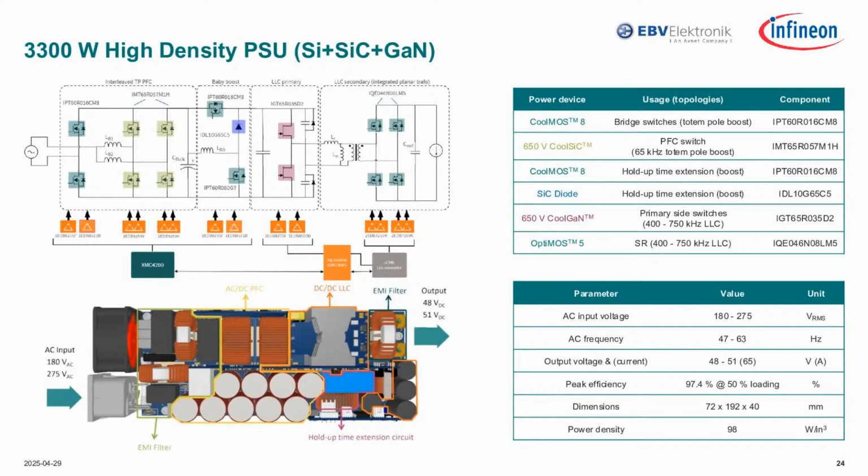And for the LLC, as mentioned again, we are targeting high density. The LLC has a certain output voltage range, so you need a variable switching frequency, and we would also like to reduce the size of the isolation transformer. So we try to increase the half-bridge primary side LLC switching frequency to the range of 400 to 750 kilohertz.